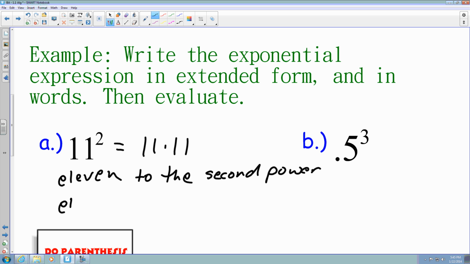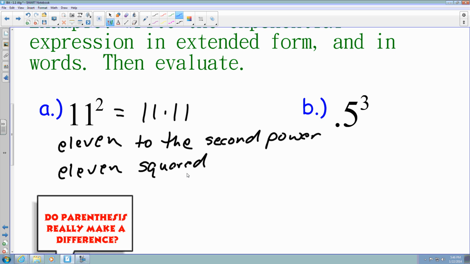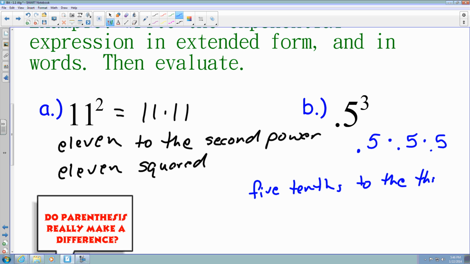I could also write 11 squared because it's to the 2nd power. If I look at B, it's going to be 0.5 times 0.5 times 0.5, or 5/10 to the 3rd power. If I were to write that in words, it would be 5/10 to the 3rd power.